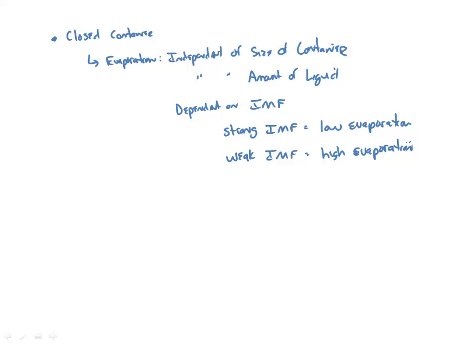So it's independent of the size and the amount, but it is dependent on the intermolecular forces. And since intermolecular forces are dependent on temperature, it's also dependent on temperature, meaning high temperature equals lots of evaporating, and low temperatures means very little evaporates.